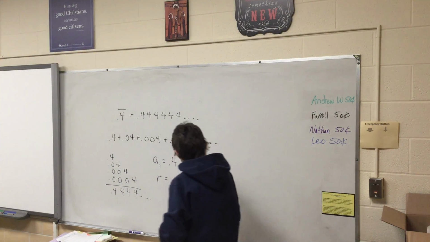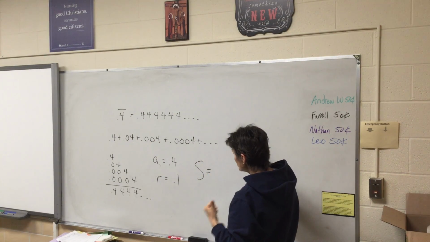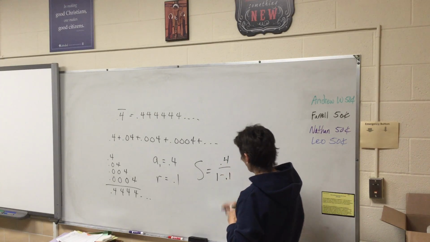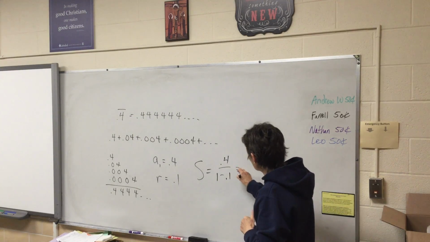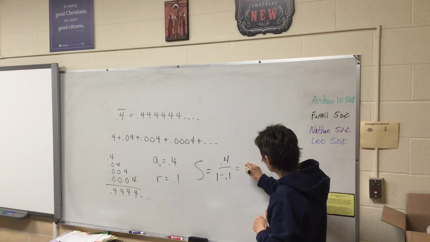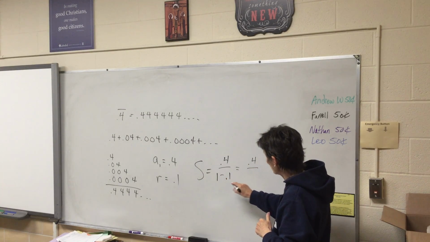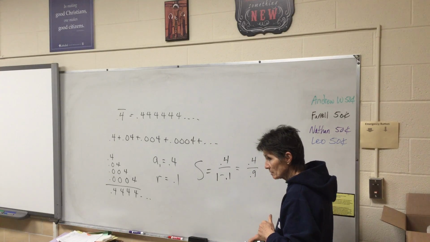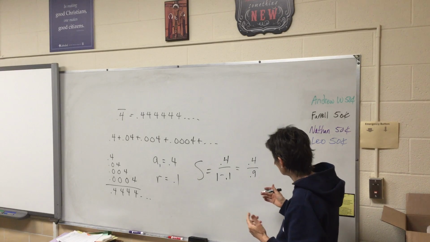So our sum, if we want to add all that up, should be the first term divided by 1 minus the ratio. And the first term is 0.4, and 1 minus 0.1 would be 0.9, right? You have a calculator if you need it, that's 0.9.